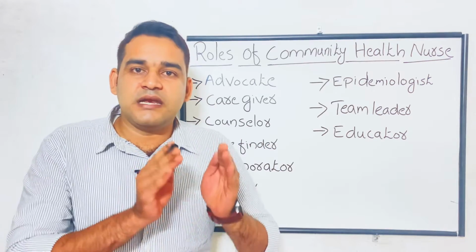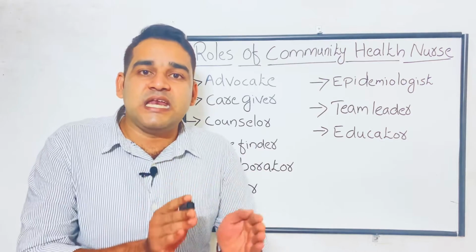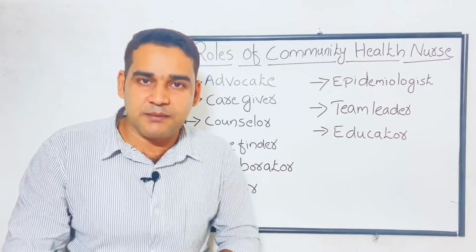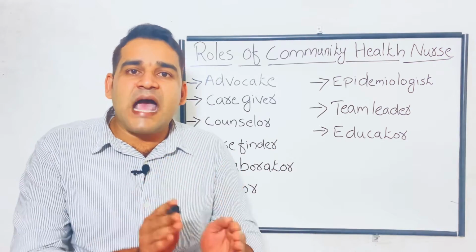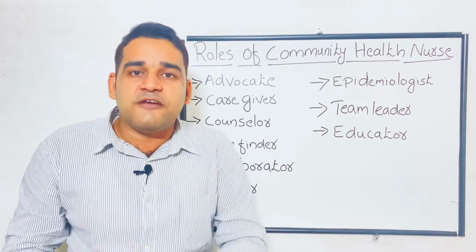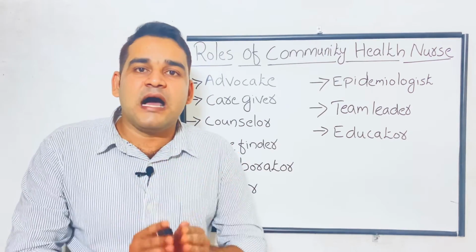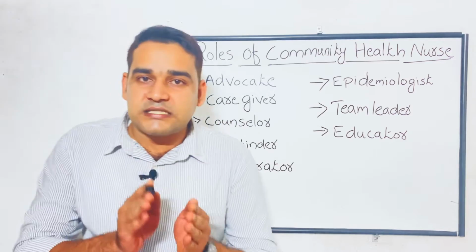For that, the nurse has to arrange different screening camps, health camps, health checkups, blood tests, and eye tests. From those camps, the nurse can identify different diseases. That is a case finder, finding the cases, different diseases.